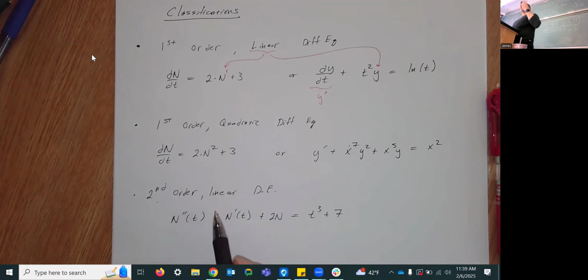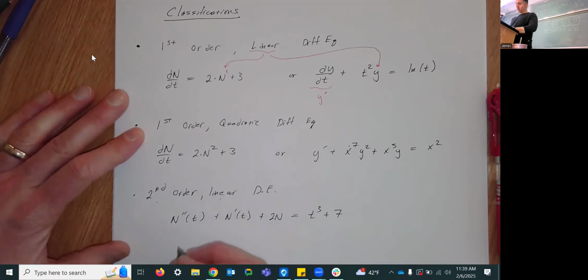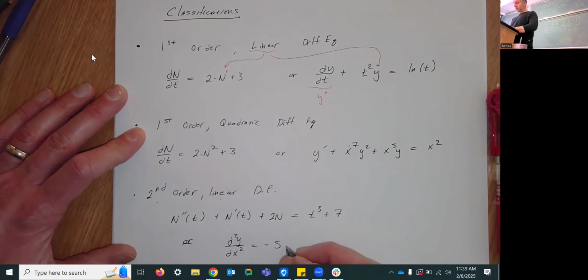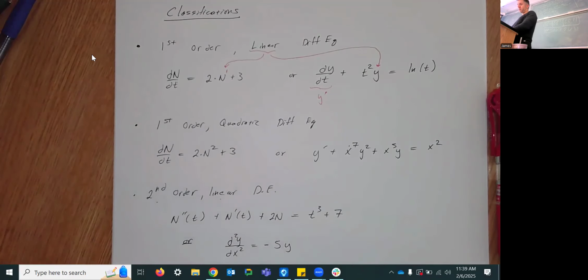But my only powers of N are still N to the first, making it linear. Another example could be something like d squared y/dx squared equal to -5 times y. Second order because it's a second derivative of y, linear because you only have a y to the first.